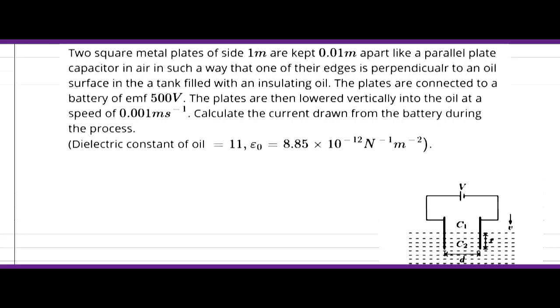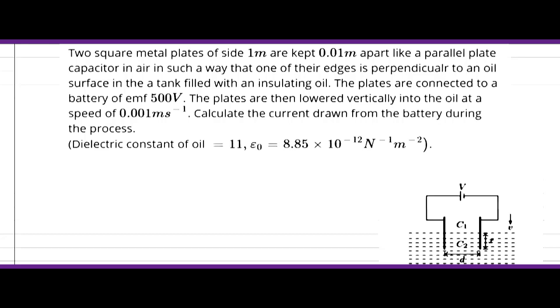When they are lowered in the oil, the part which is covered with the oil is x, and the remaining will be in the air. So that will be L minus x. The length x is dipped in the oil, and L minus x will be in the air.